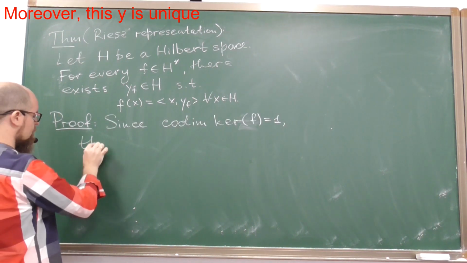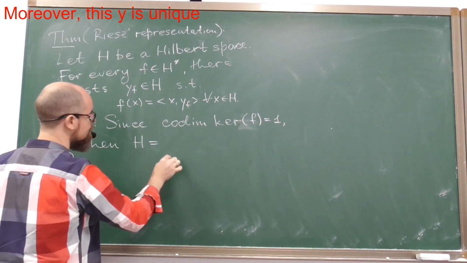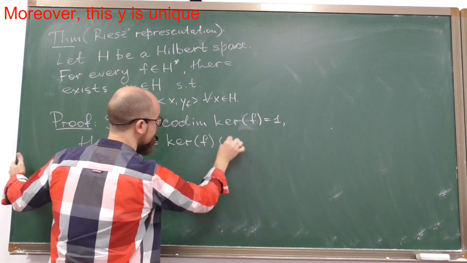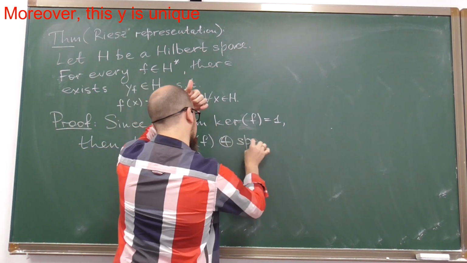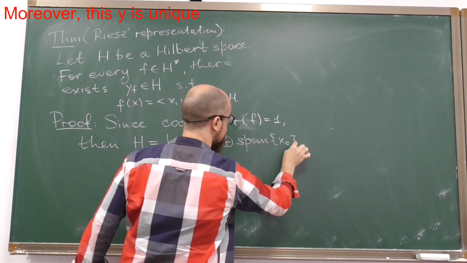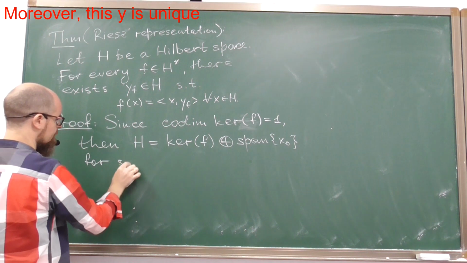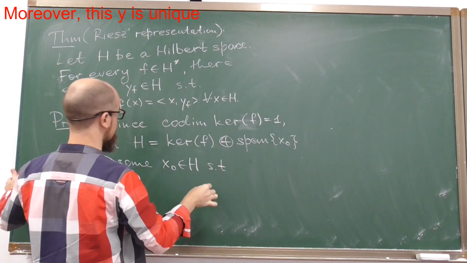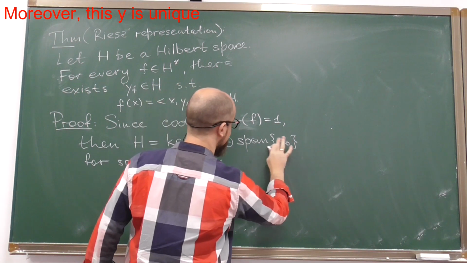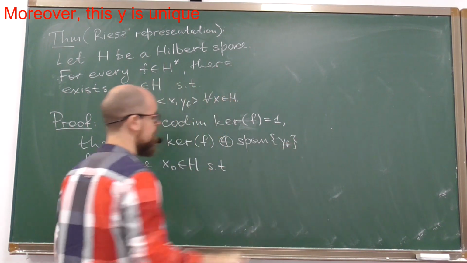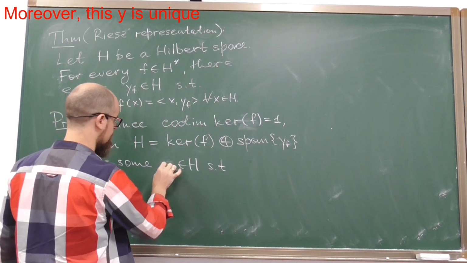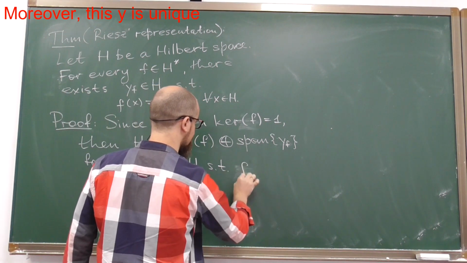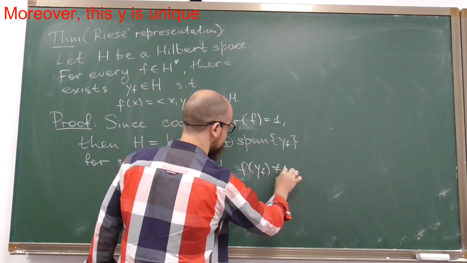Then H can be written as the kernel of f direct sum span of x naught for some x naught in H such that, let's rather go for y f, such that y of f, at this element, y is not 0.